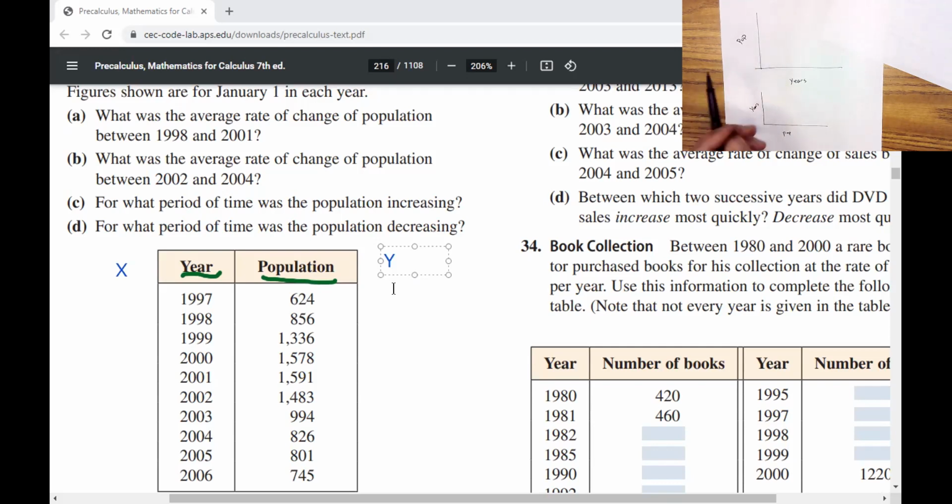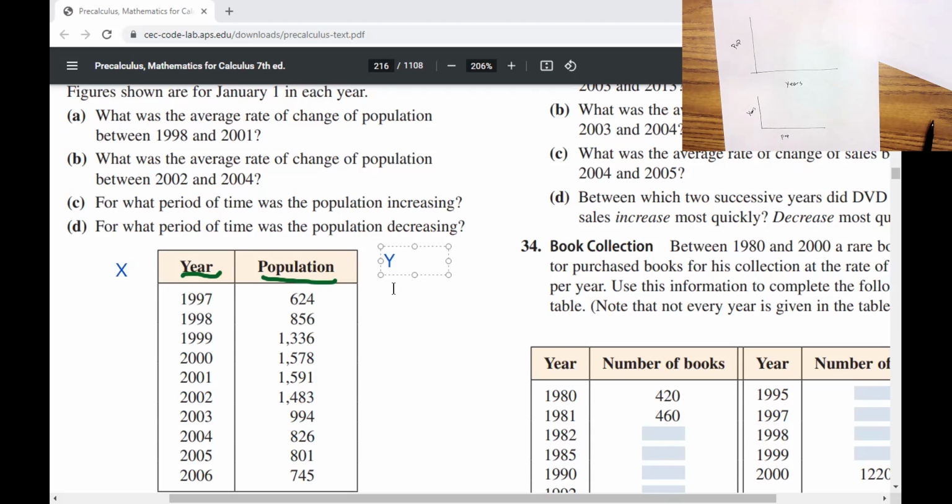The population, right? Because the population is a function of years, right? As more years go on, the population grows or increases, right? Depending on what happens that year, correct? Not the other way around. Years is not a function of population. Does that make sense? Meaning, if my population grows, does my years grow? No, because time just goes, right?